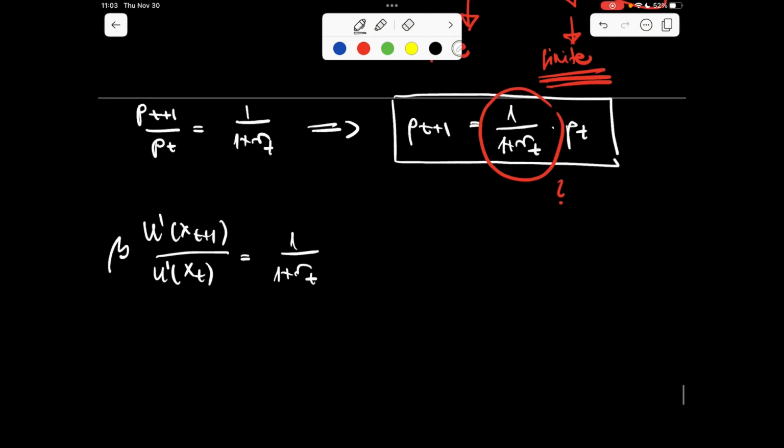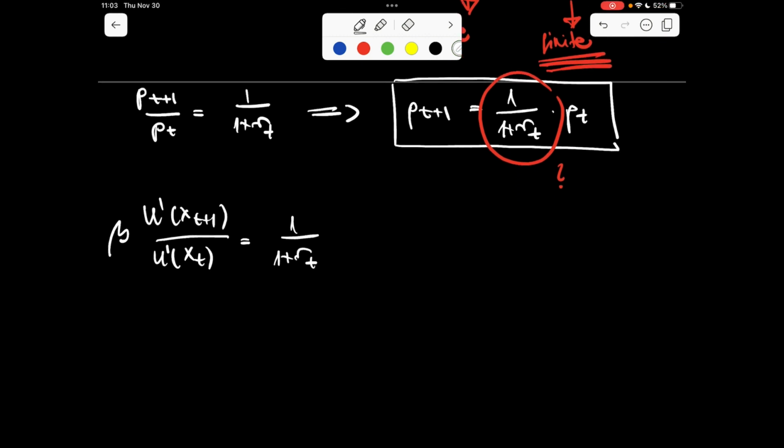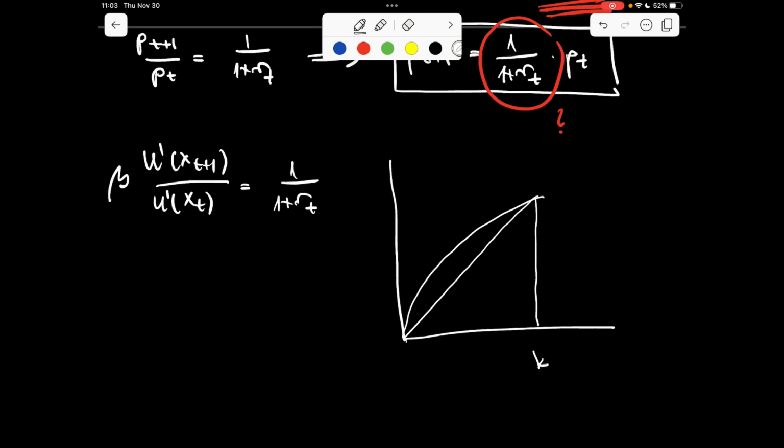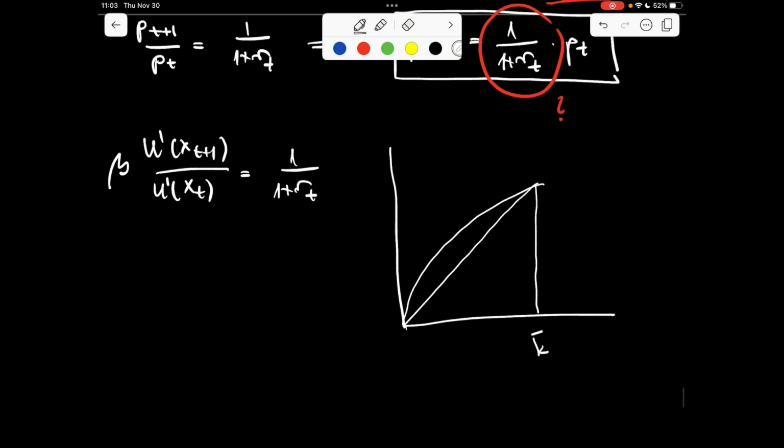For simplicity, let's assume that we are on the steady state path. So this is just a reminder. This is the upper bound of the capital stock. So there is a capital stock in the steady state.